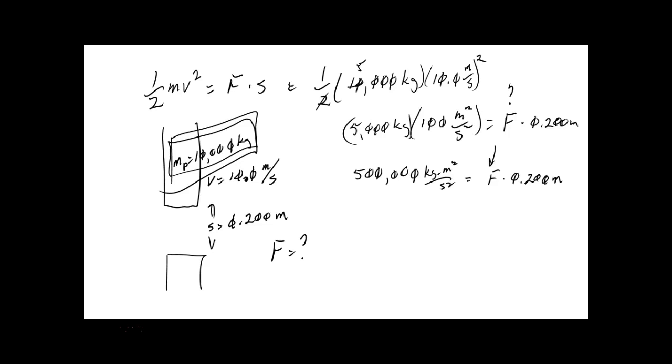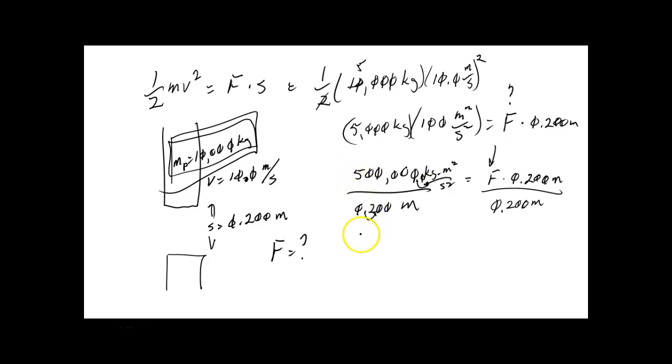How do you undo the multiplication? Divide by the 0.200 meters. And that divides here by 0.200 meters. Well, what I'm going to do here is move this decimal one place this way and move this decimal one place that way, same direction.